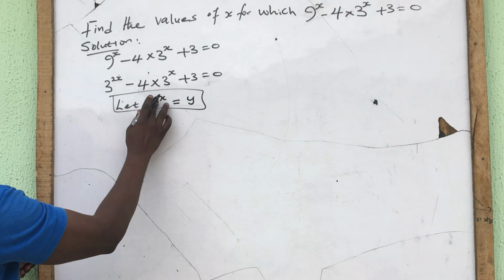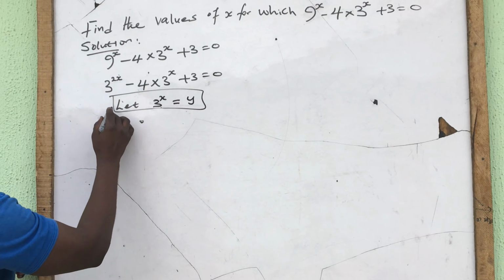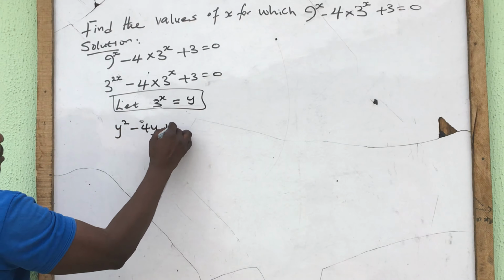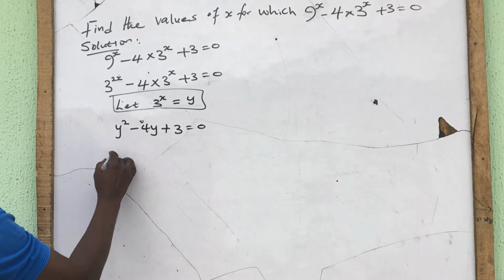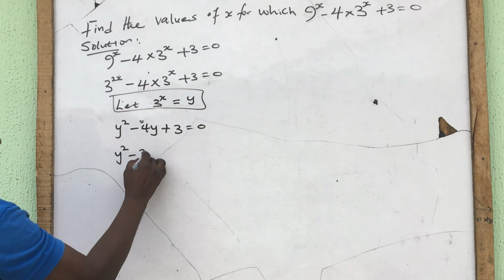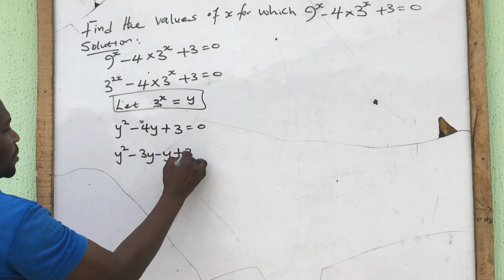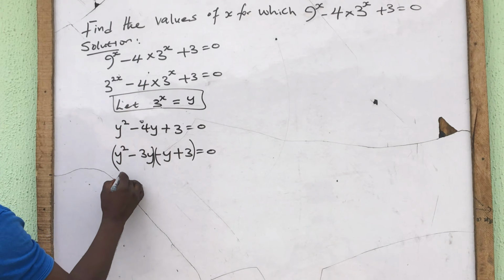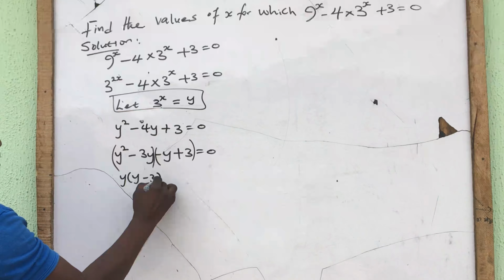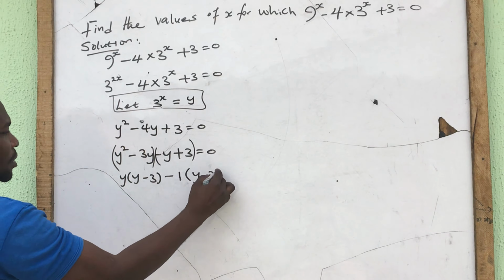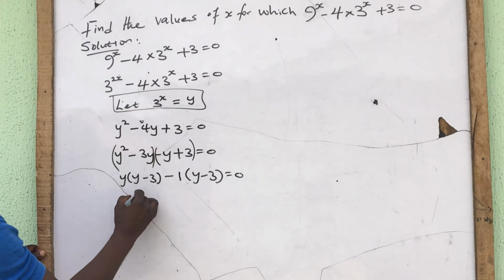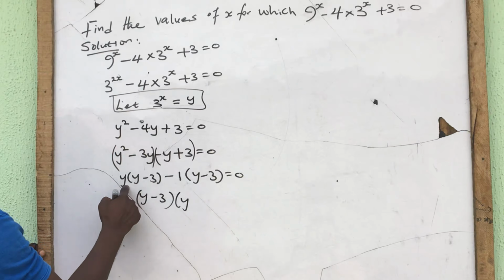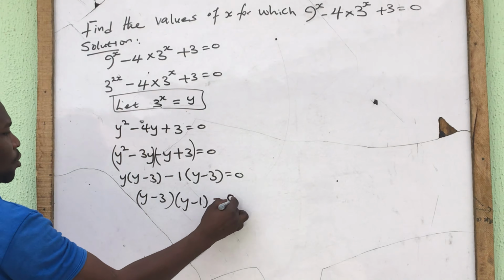Then we substitute, that is y squared minus 4y plus 3 equals 0. Then this is y squared minus 3y minus y plus 3 equals 0. Let's group them: y into y minus 3 minus 1 into y minus 3 equals 0. So y minus 3 is common here.